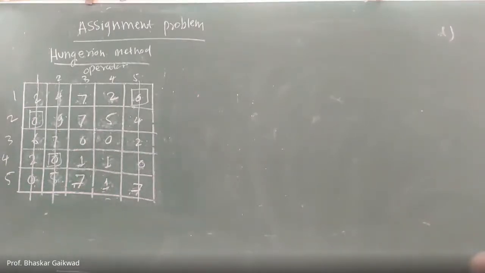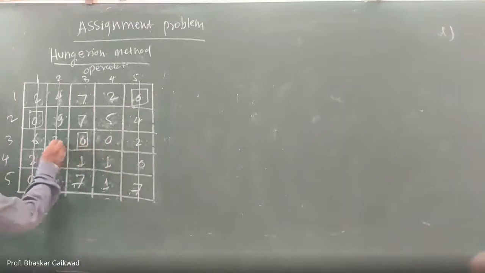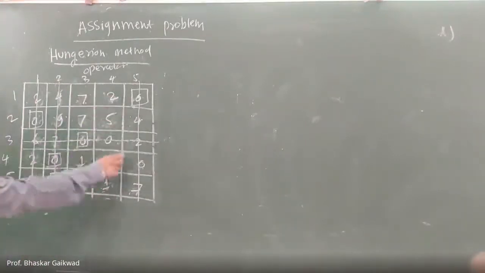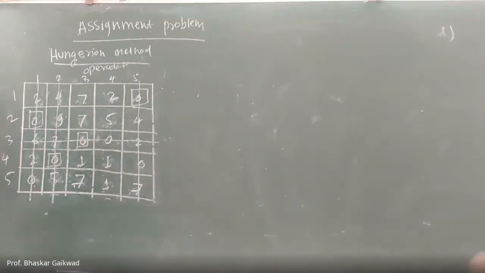Now you have to go for column scanning. Column here, here, here. So you can draw a horizontal line. And in the remaining, you have to select the minimum value.